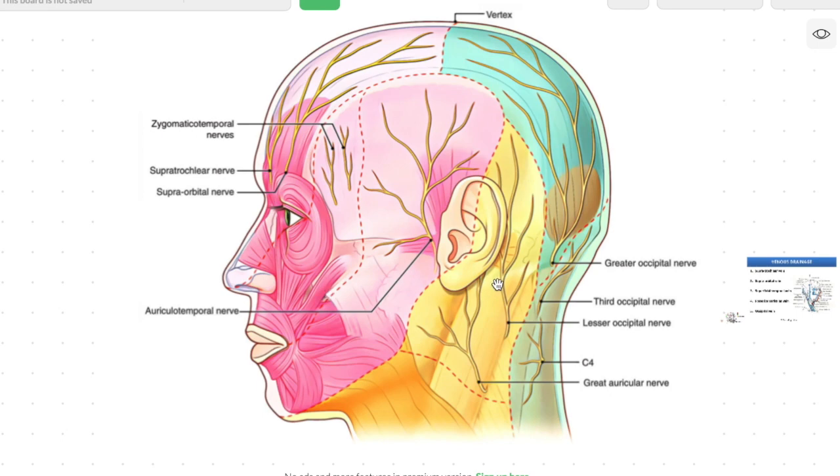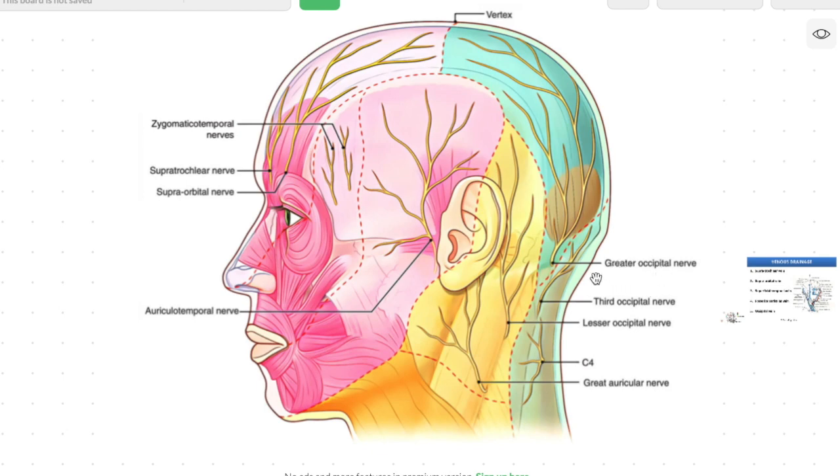Now let's talk about the cervical nerves. We have the lesser occipital nerve, the greater occipital nerve, the great auricular nerve, and the last one is the third occipital nerve. First, the greater occipital nerve, which is derived from the posterior ramus of C2 and supplies the skin of the occipital region.